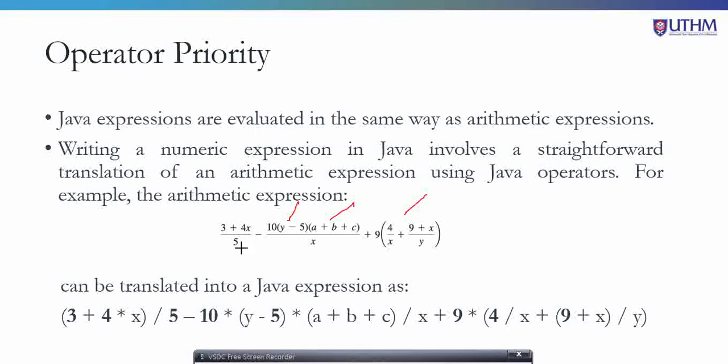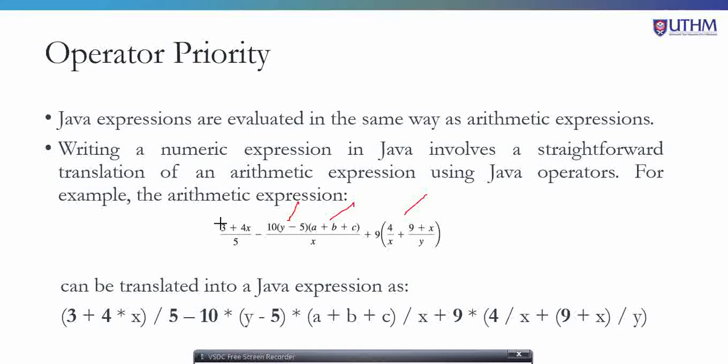So whenever we translate into a Java expression, we need to explicitly put the multiplication symbol. So 3 plus 4 times x. Why do we put parentheses over here while inside here we didn't?